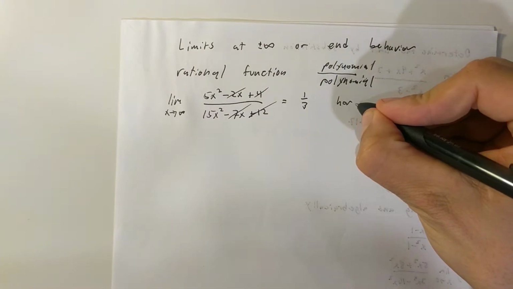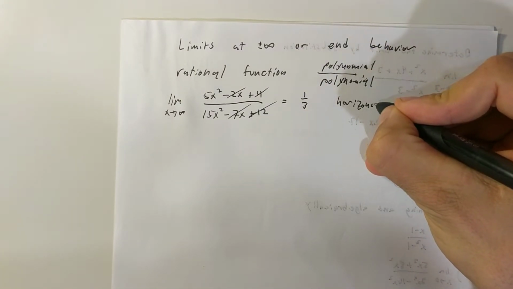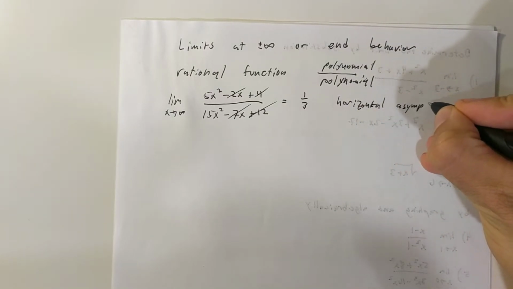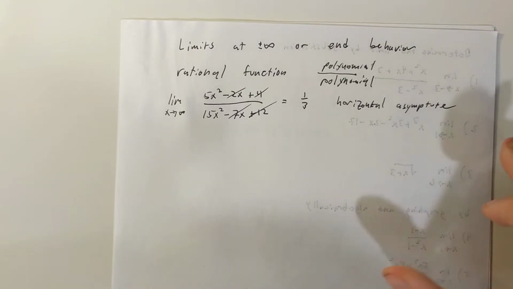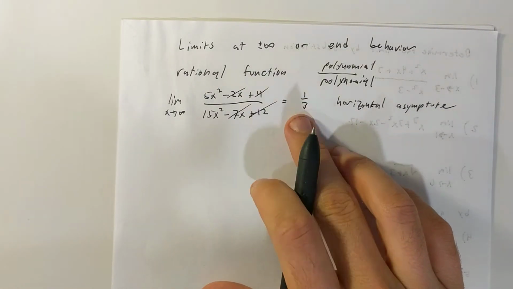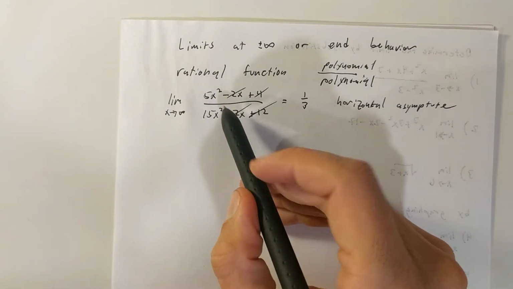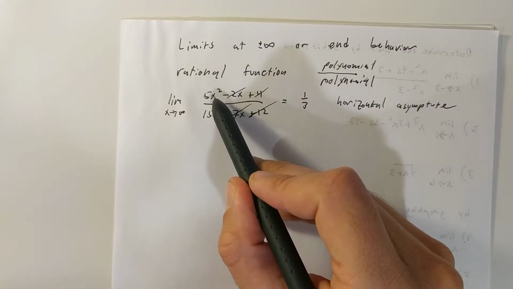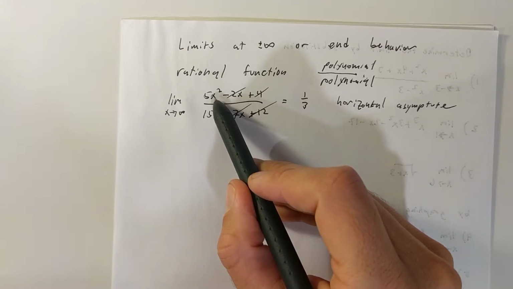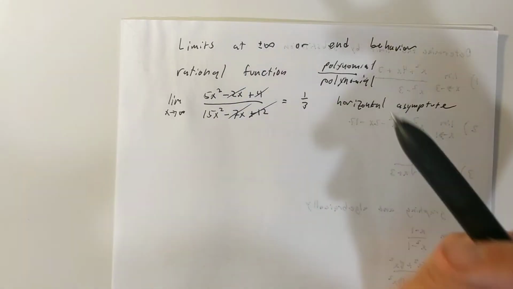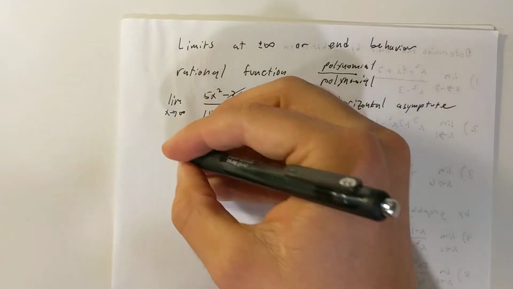This is called a horizontal asymptote, at y equals 1/3. So let's keep going now. All right, so that's pretty easy. This is true when you have a degree that is equal on both the numerator and the denominator. So let's do a different one.